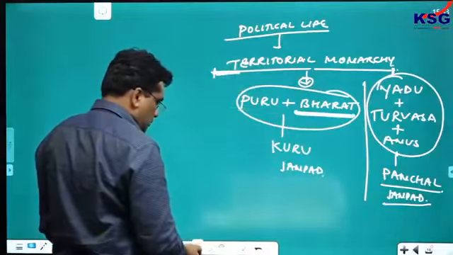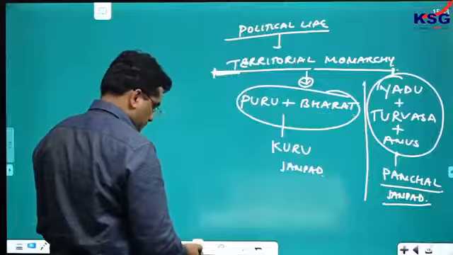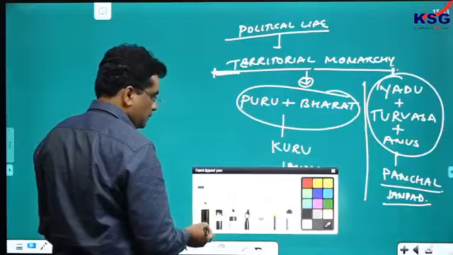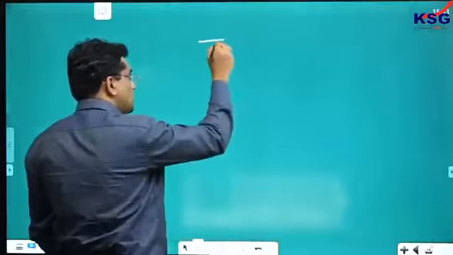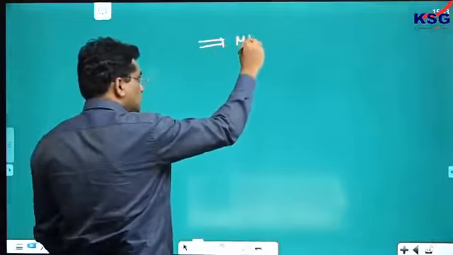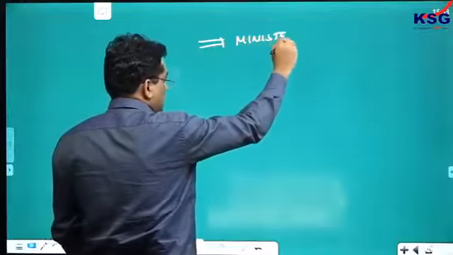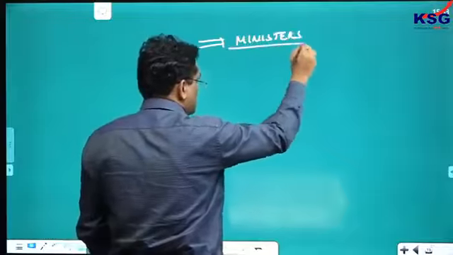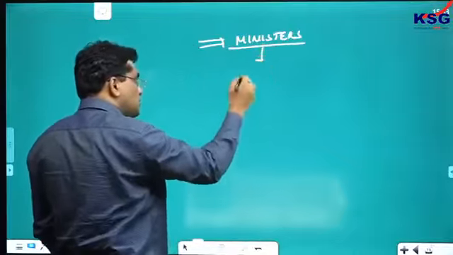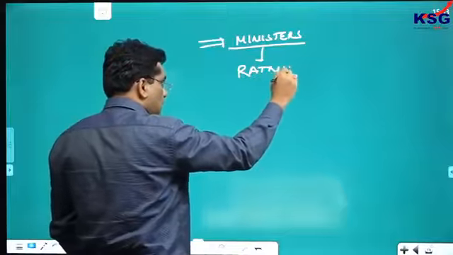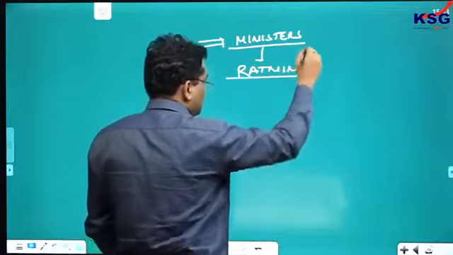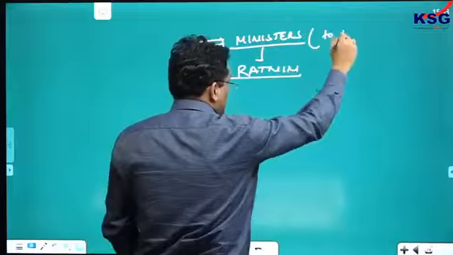So there was bureaucracy. If there is a territorial monarchy, there will be ministers. Ministers were called Ratnin, who helped the king.